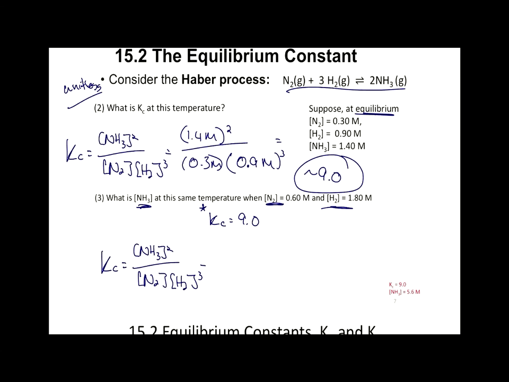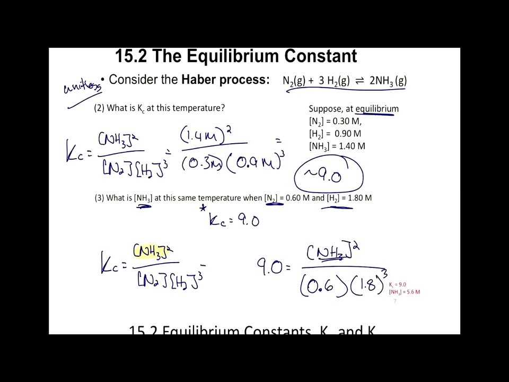In this case, what am I solving for? The numerator, NH3, all right? So putting this all together, K equals 9 equals ammonia concentration squared, that's what I'm solving for, over nitrogen concentration, 0.6, times hydrogen, so 1.8 cubed.